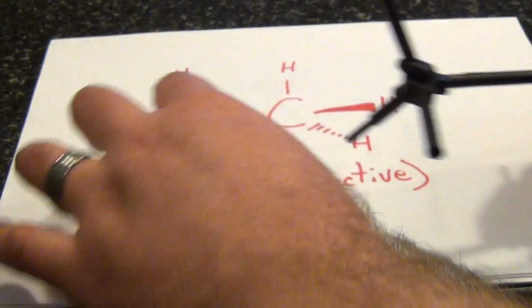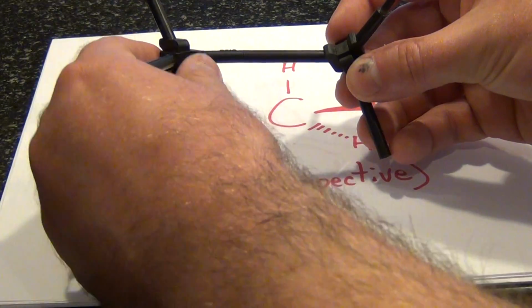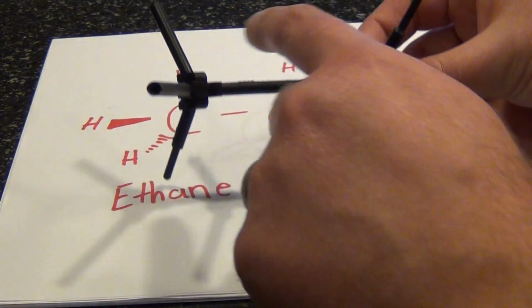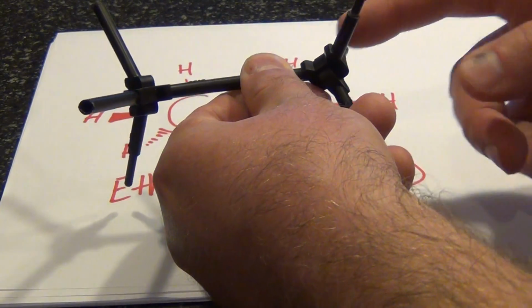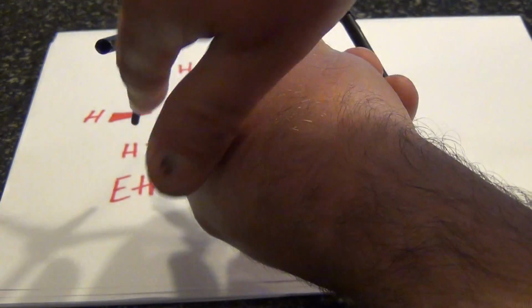Now, if we look back at our perspective drawing, here's our carbon-carbon bond, our hydrogens within the plane, the hydrogens coming towards us, and the hydrogens going back.